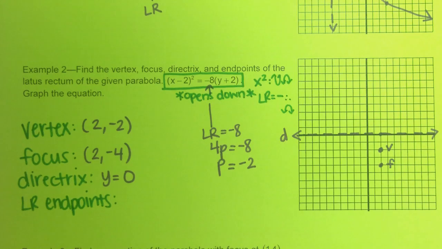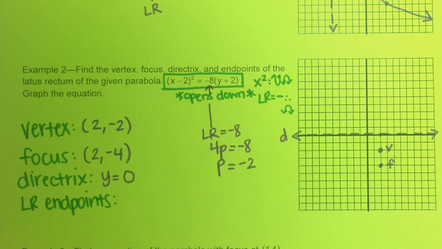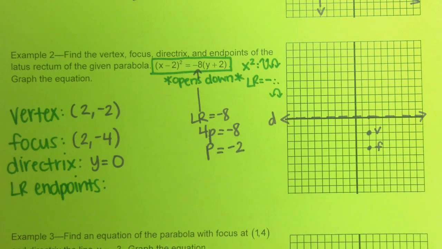Last but not least, what do I know? My LR, the absolute value of that would be 8. So how wide is this going to be? 4 and 4. And where am I going to do 4 and 4 at? At the focus.